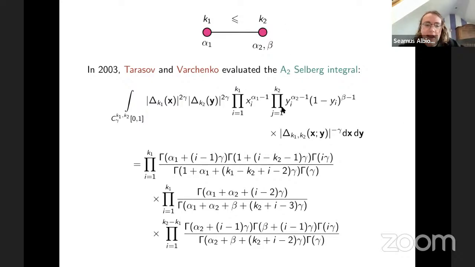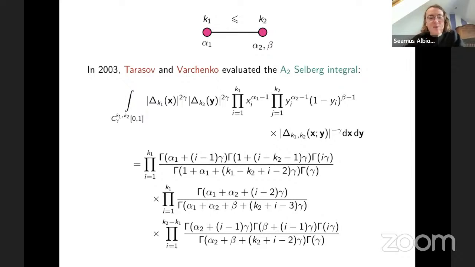This second vertex is carrying the alphabet Y. And I take the absolute value of a product of two Vandermonde determinants raised to the 2 gamma. And then this evaluates nicely. Okay, you might think this is not nice. And if you don't think this is nice, then you should probably not watch the rest of the talk, because the formula is going to get bigger from here.